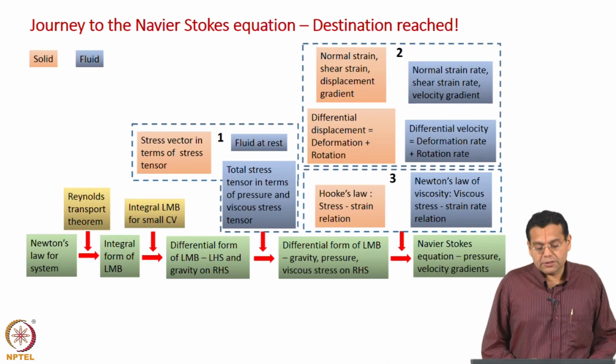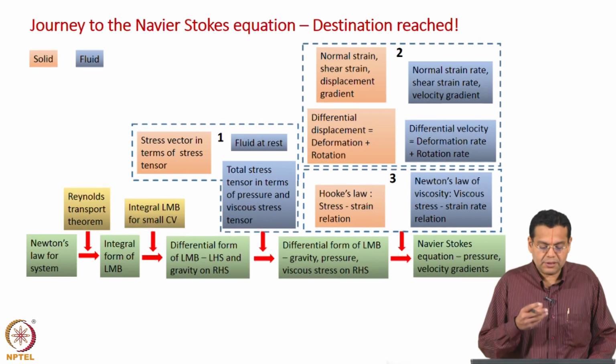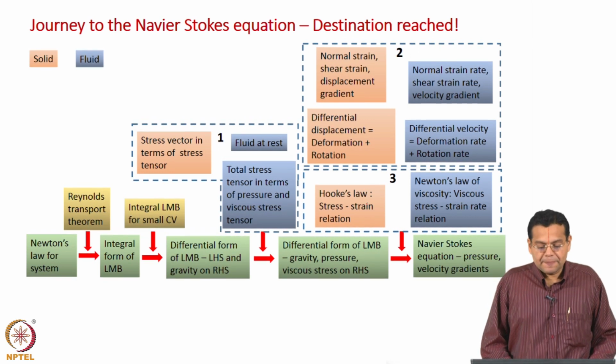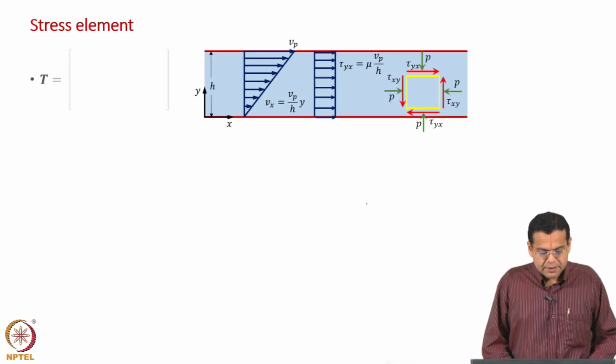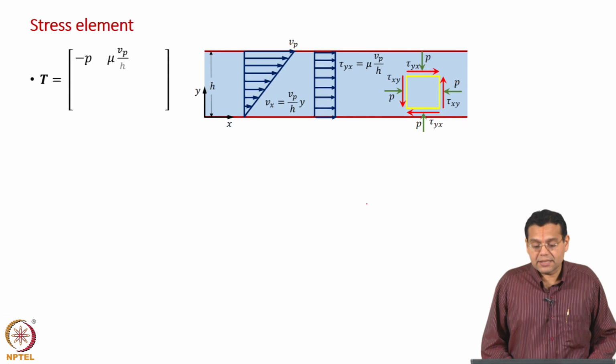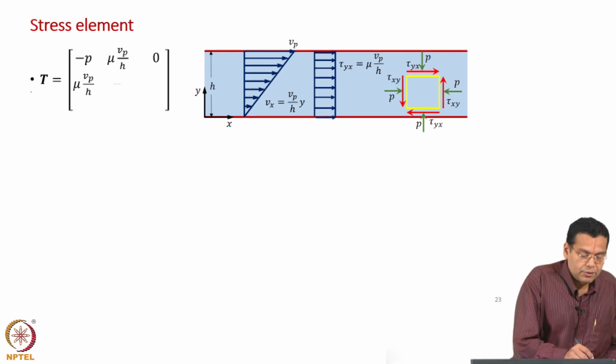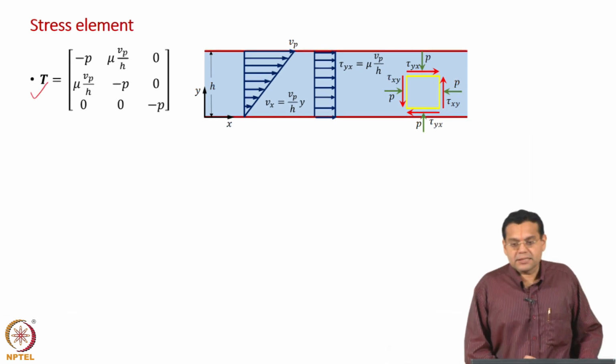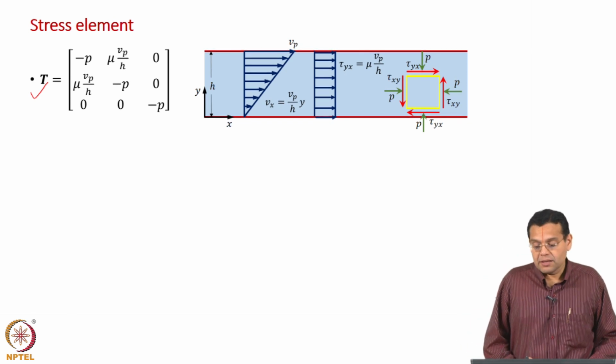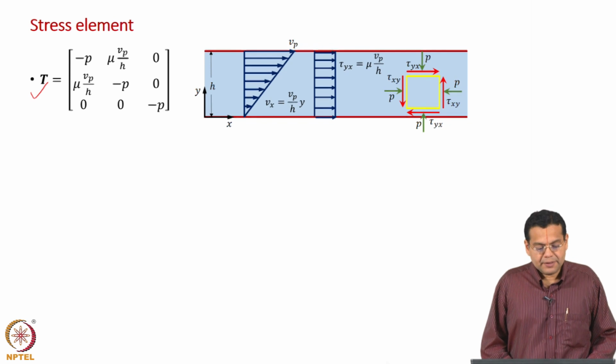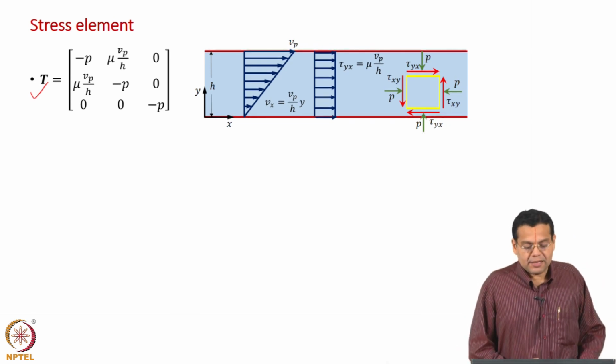We will discuss the stress element in the next slide. We also discussed the stress element in the beginning, and the stress vector. We will discuss the stress element in this example. How do you represent this total stress tensor as a stress element? We did this in the very beginning of solid mechanics, and later in fluid mechanics also.